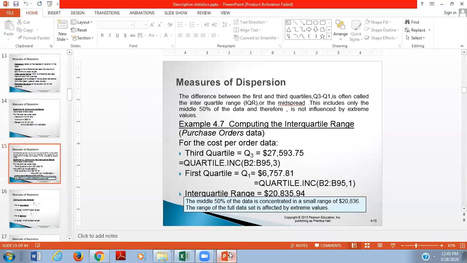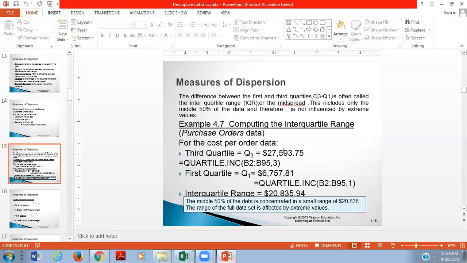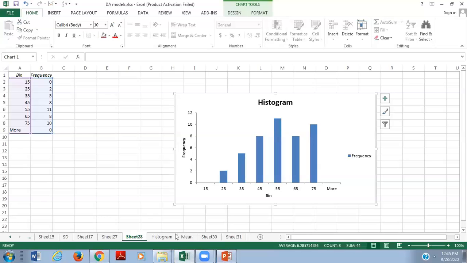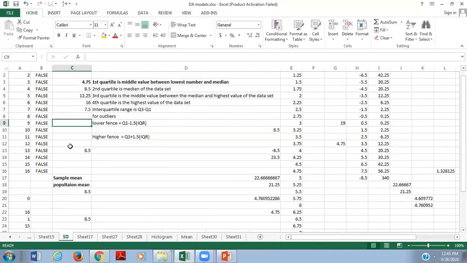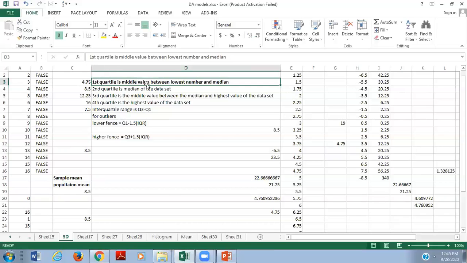Right? So we are discussing the interquartile range. Interquartile range is the formula that is on your screen. Again, I'm going to show you here. That is the formula. It's the difference between the third quartile and the first quartile. The first quartile is the middle value between the least value, that is the lowest number, and the median.